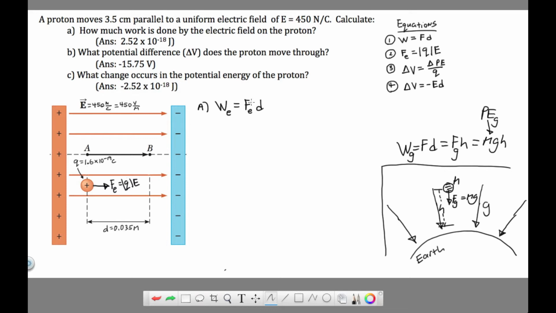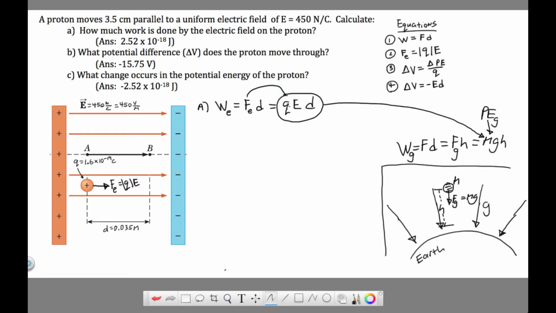The force of the electric field is equal to QE, and then there's the D. So the force of the electric field is QE, and D is the distance. Notice that this QED here is basically the same thing as mgh.